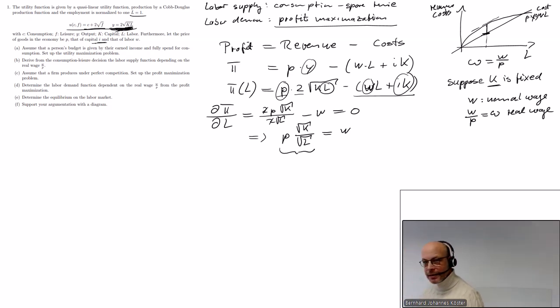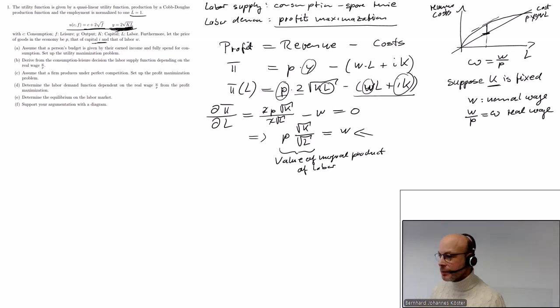This is the value of the marginal product of labor. And what is this? This is the price of labor.